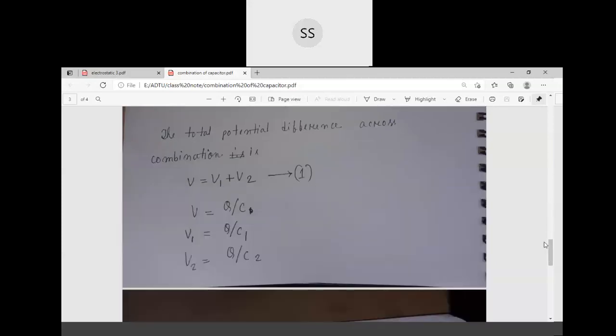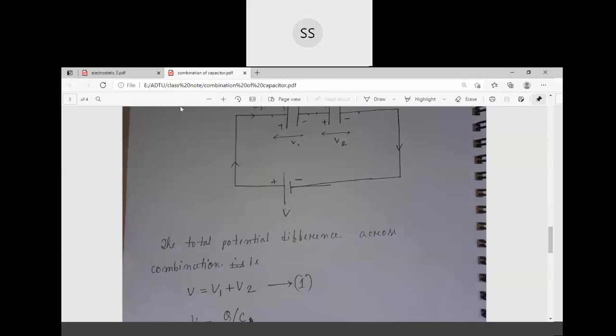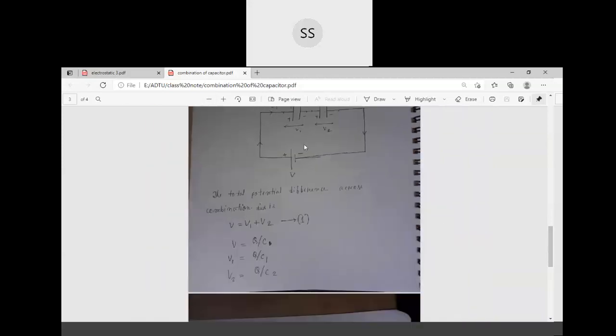So we know that total potential will be the sum of potential across each capacitor. Therefore, V equal to V1 plus V2. And from the equation earlier, we know that V equal to Q by C, and V1 equal to Q by C1, and V2 equal to Q by C2.